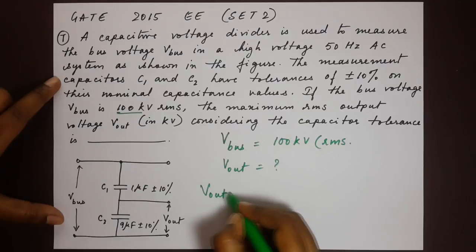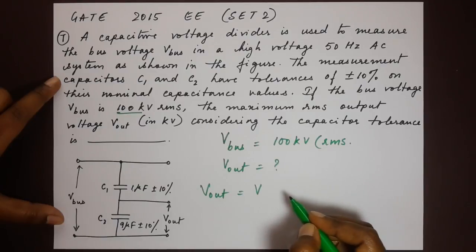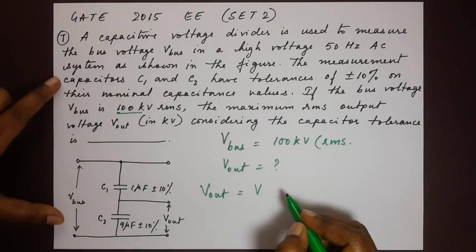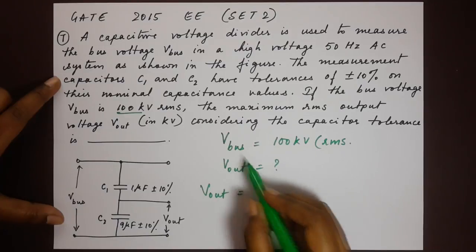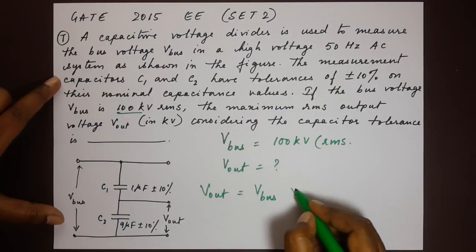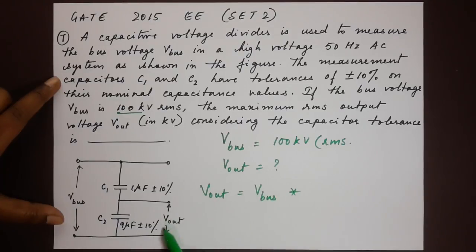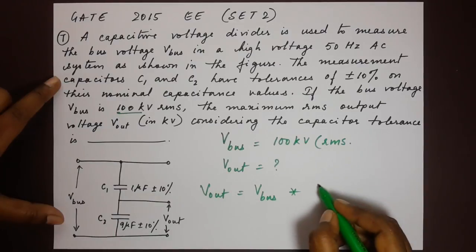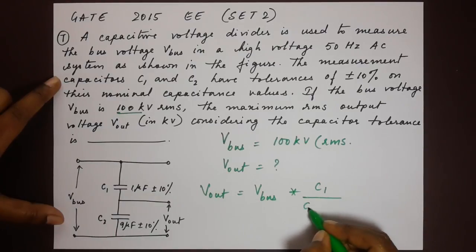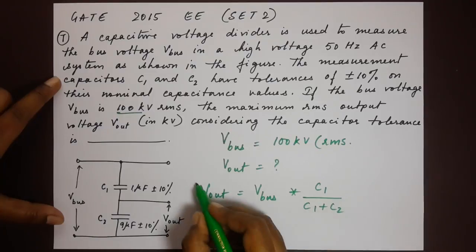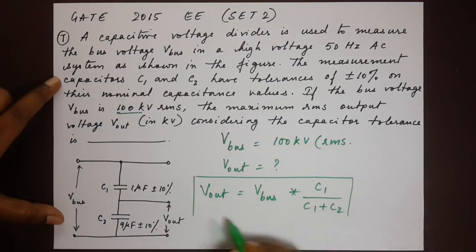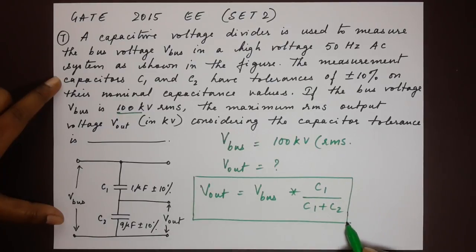So Vout equals Vbus times the factor for the voltage across C2. The formula would be C1 by C1 plus C2. Voltage divider formula, right? The opposite capacitance divided by the sum of the capacitances.